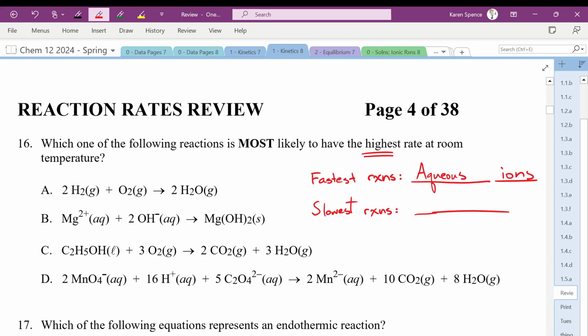But double replacement, the double replacement are aqueous ions. Especially double replacement.